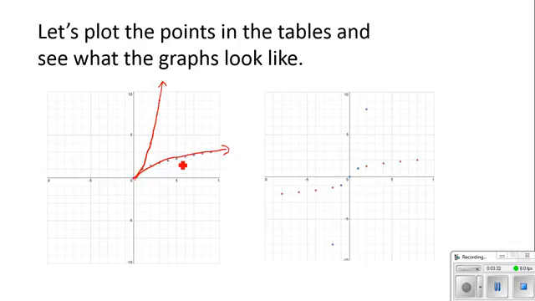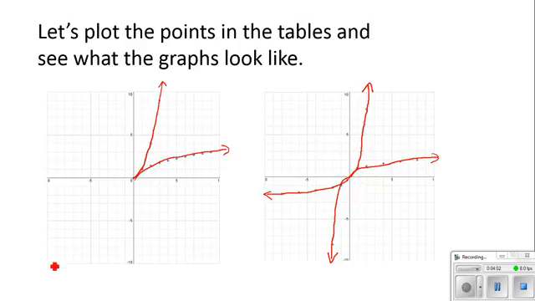So that means those are actually the same shape, but this one's turned sideways and this one's going up and down. If we look at the cube, we know cube was the one that looks like this. That was the cube graph. And cube root, if we look at these points, ends up looking like this. Again, same shape, but turned on its side.